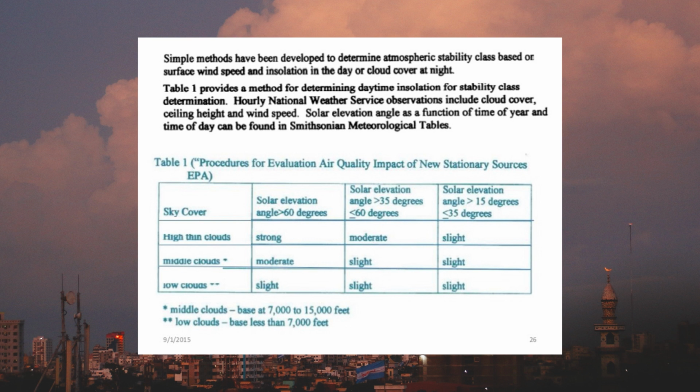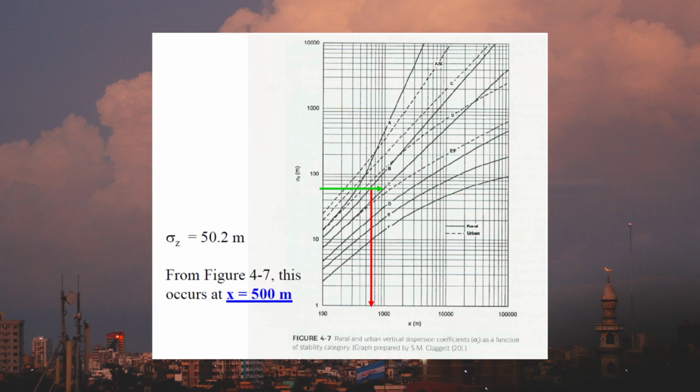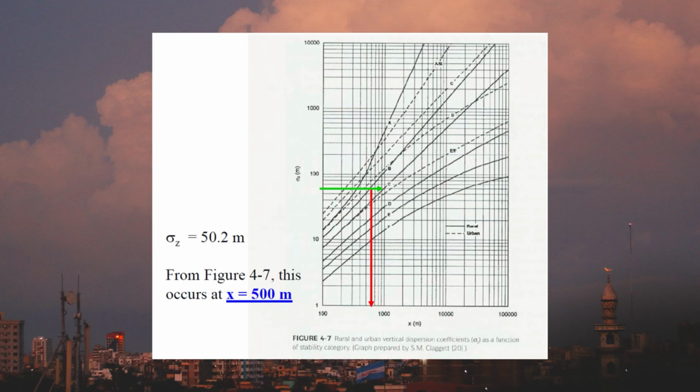So based on these classes, it is between the solar radiation, and also again the wind speed. So based on these two, we can find out the values for x and y. So here you can see from figure 4 to 7, x is 500 meters. So this is the diffusion parameter, which is arrived at using this table, that is the stability class, whether the atmosphere is stable.